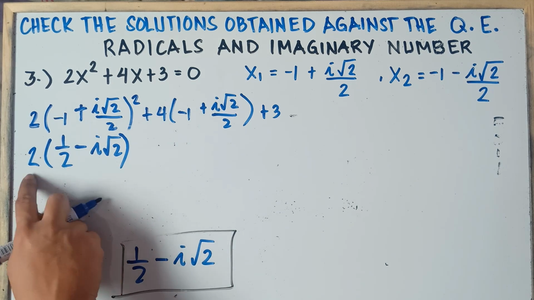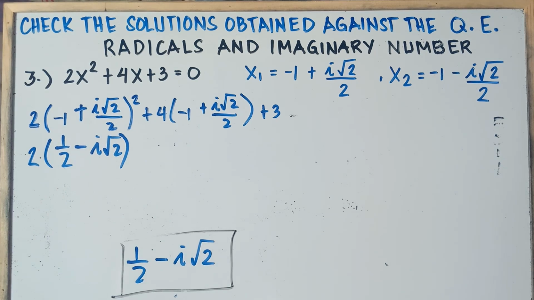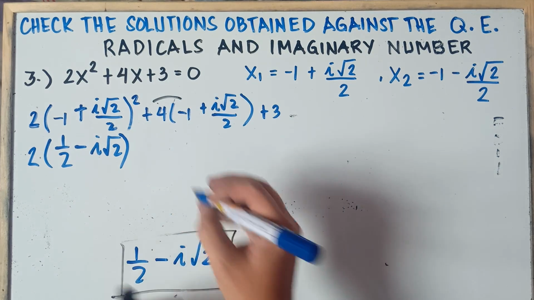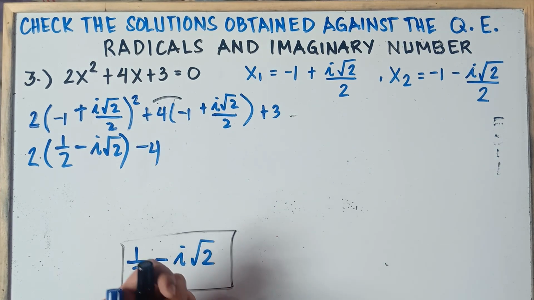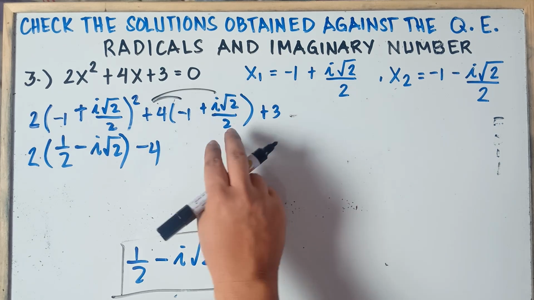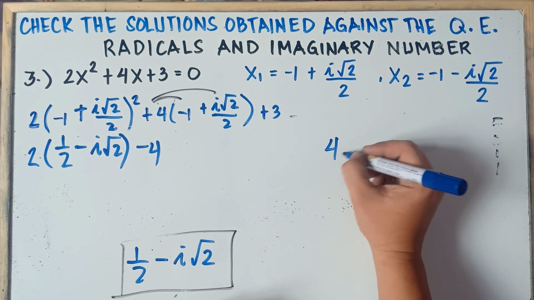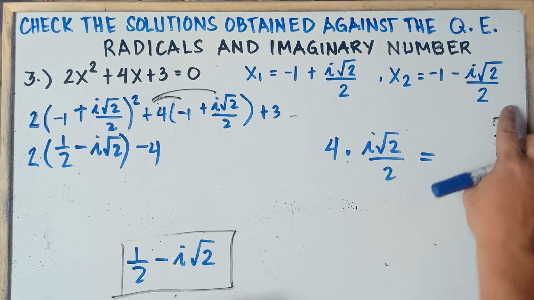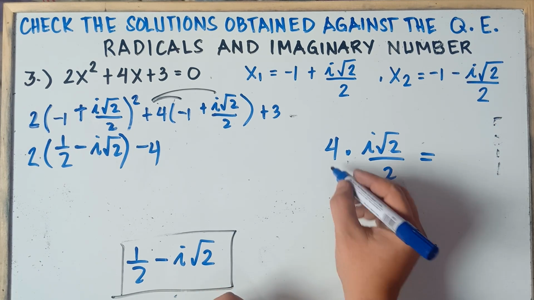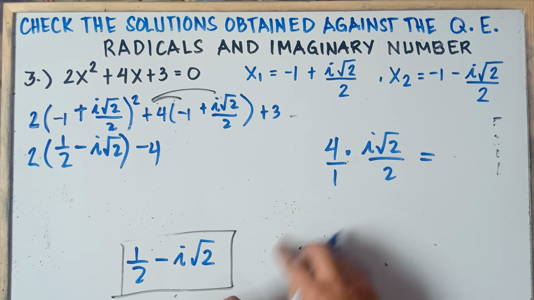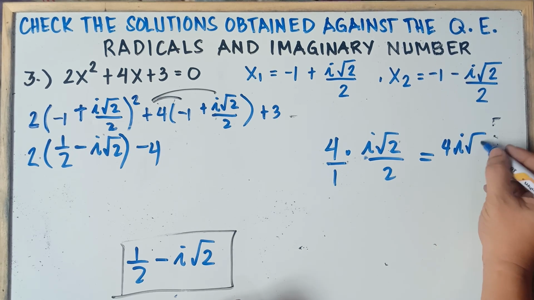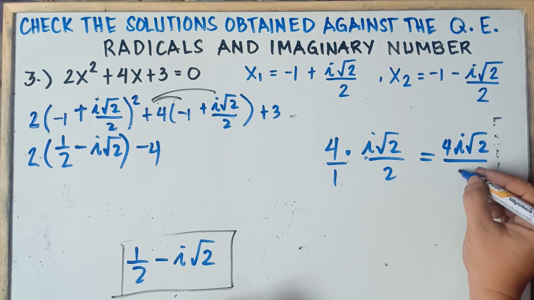So we need to multiply later on 2 and this equation. Alright, and then you distribute, class: positive 4 times negative 1, that's negative 4. And then positive 4 times i square root of 2 over 2. So 4 times i, that's 4i, copy square root of 2, then 1 times 2, that's 2.